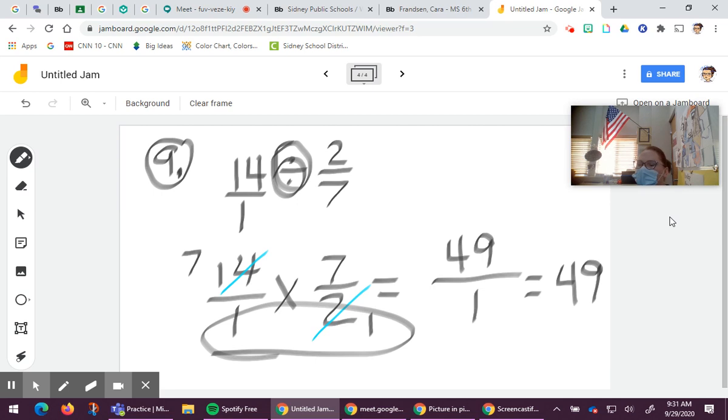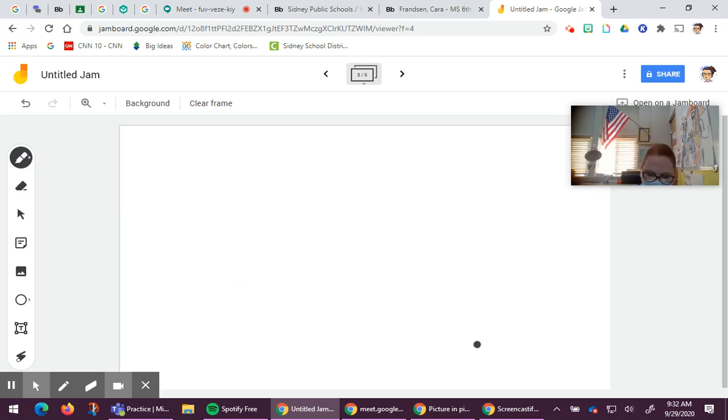So let's look at number 21. Once you have your paper numbered, let's look at number 21. So on number 21, I have 1/2. And then it says to add 7/8. And then it says to divide by 11/24.